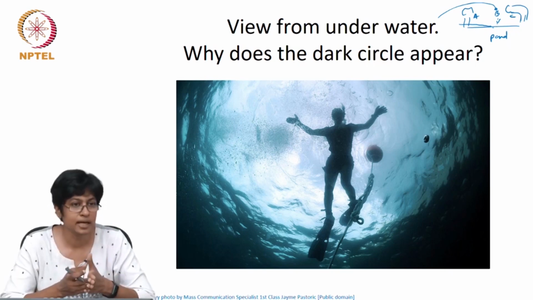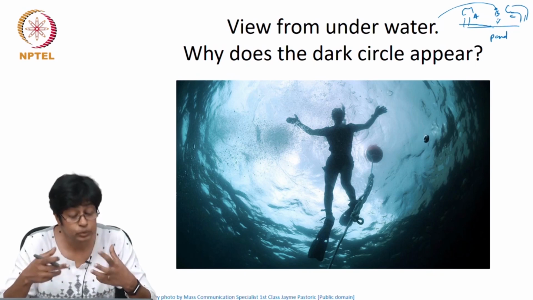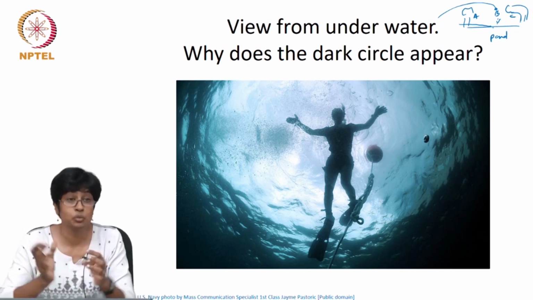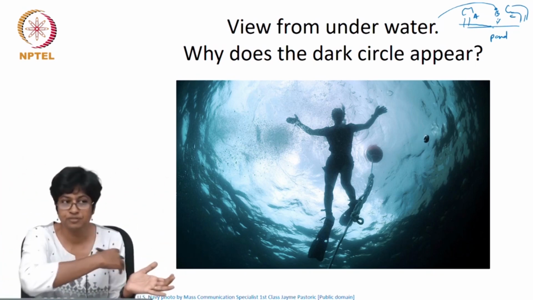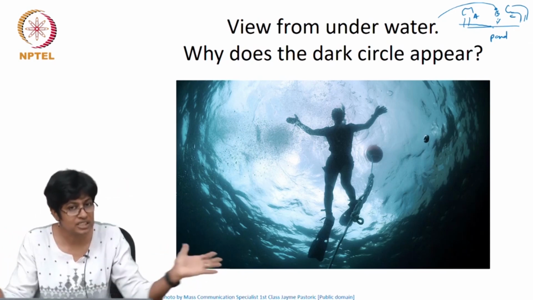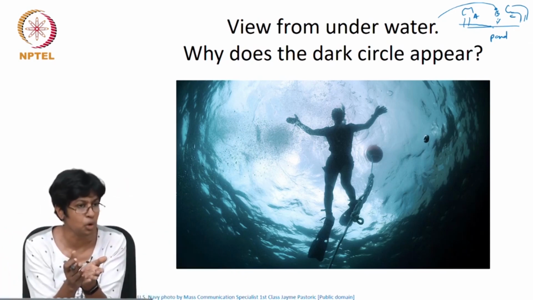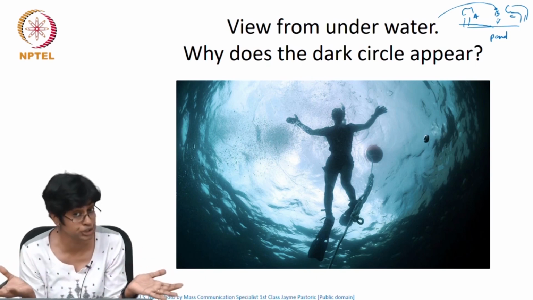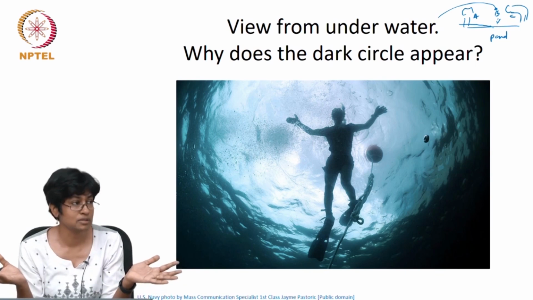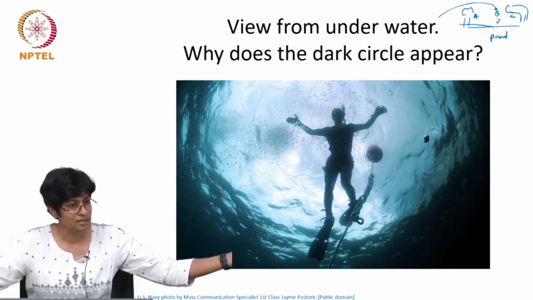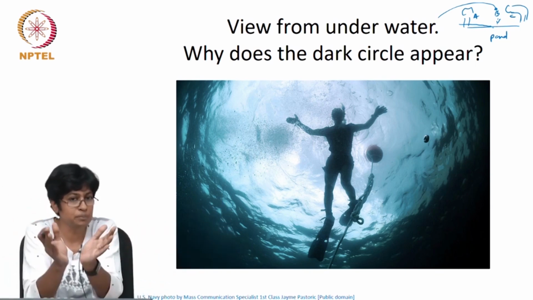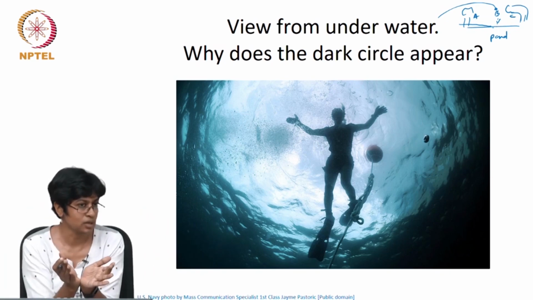But having said that, people often get confused and think this black ring means we've cut out. You've not cut out. You have the full 180-degree view. It's just that it's been compressed into a smaller cone. Right? You can think of it as some kind of distortion. Because what should have been in this much area has now been squeezed into a smaller area.